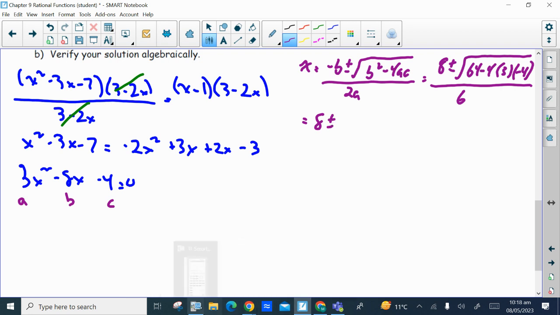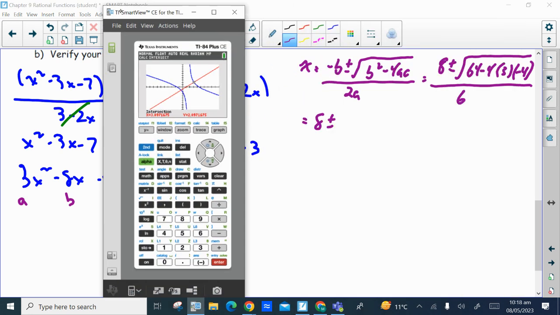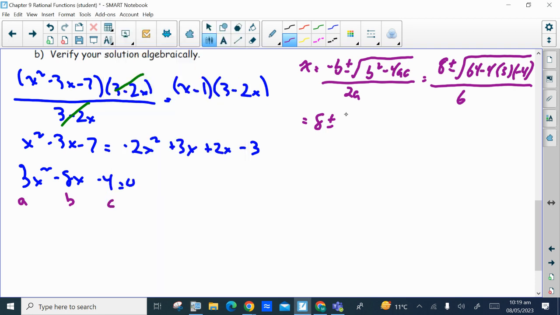So the discriminant, which is the number under the radical, we can find out what that is by going 64 minus 4 times 3 times negative 4. That's 112. And see, this is the reason why your answer is irrational, because you get a non-perfect square under the radical. Now it can be simplified.